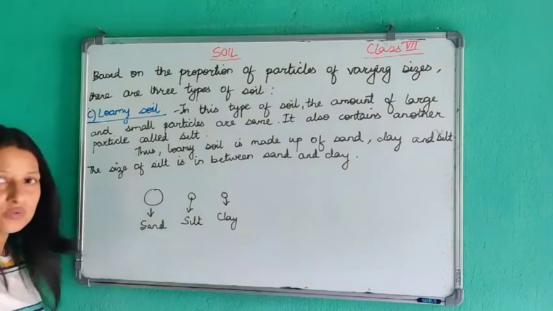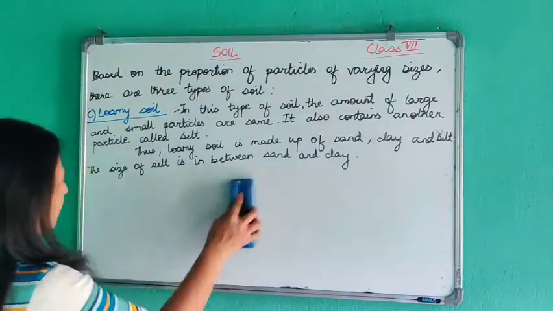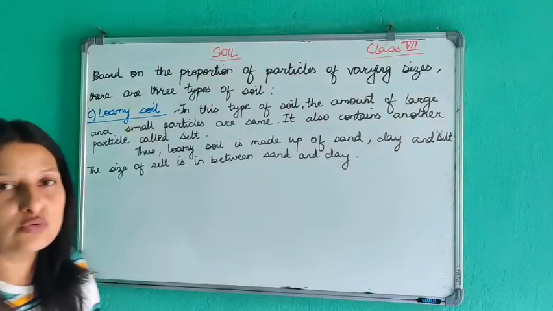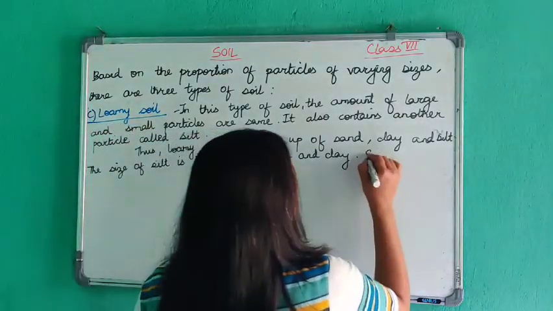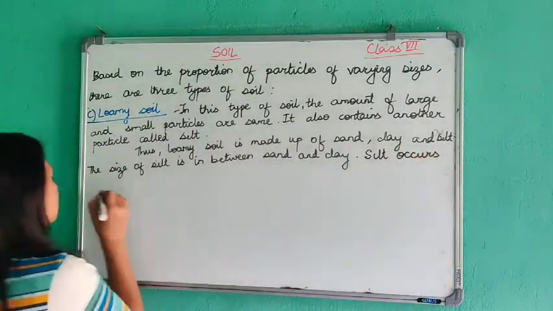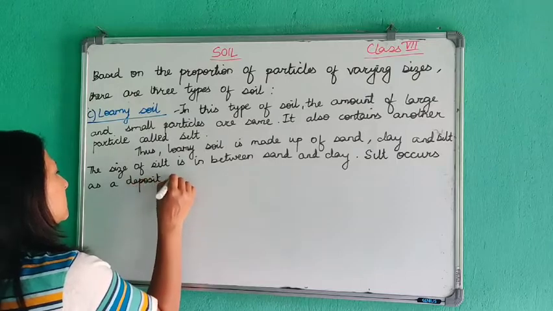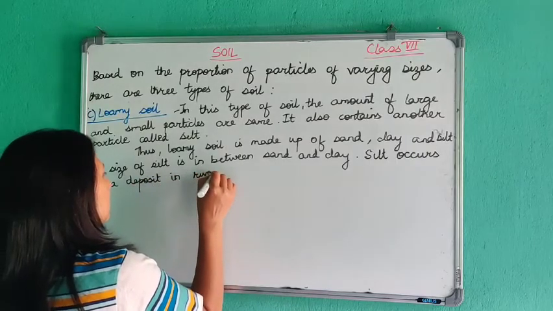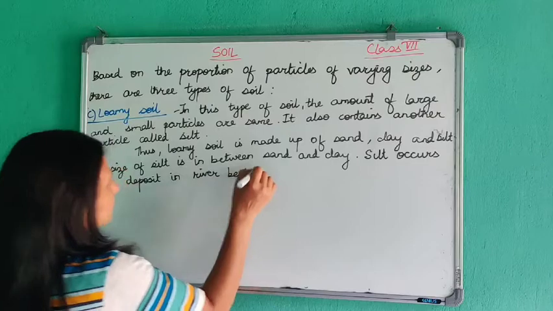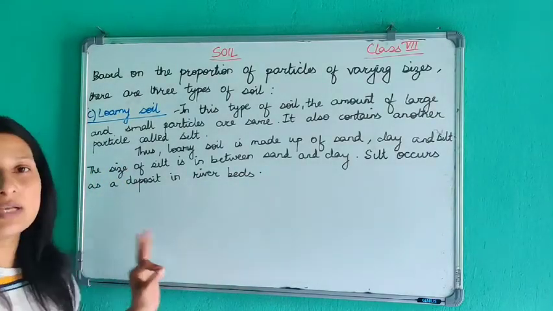Silt हो. Okay, अब silt चाहिँ कहाँ usually बेसी पाइन्छ भन्दा चाहिँ silt occurs as a deposit in river beds.